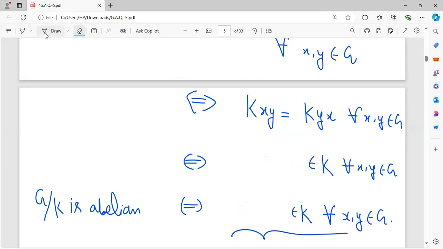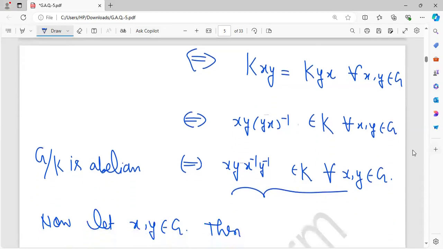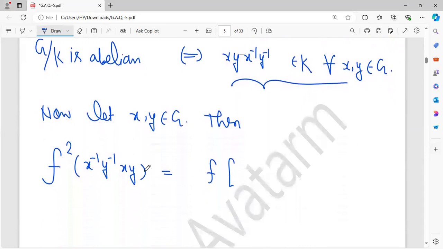This will be x y y x inverse. It will be x y x inverse y inverse. So this is equal to, for x, y belongs to G, we need to check this one: x inverse, y inverse.